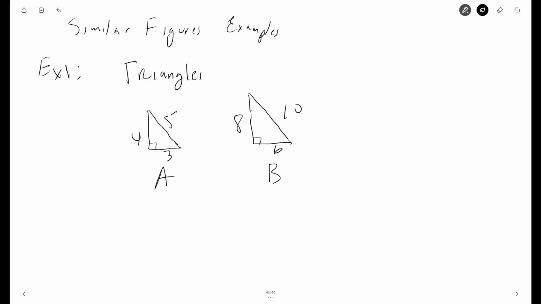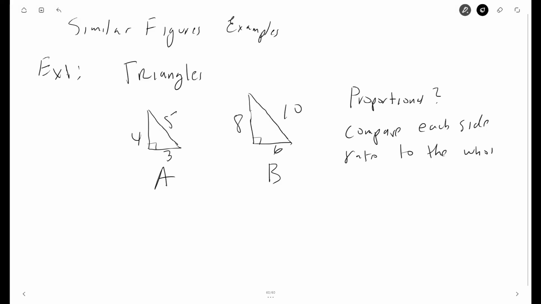So to see if these triangles are proportional, we need to compare each side ratio. We're going to do 4/8, because 4 here and 8 here are corresponding sides. And then 3/6, and then 5/10.